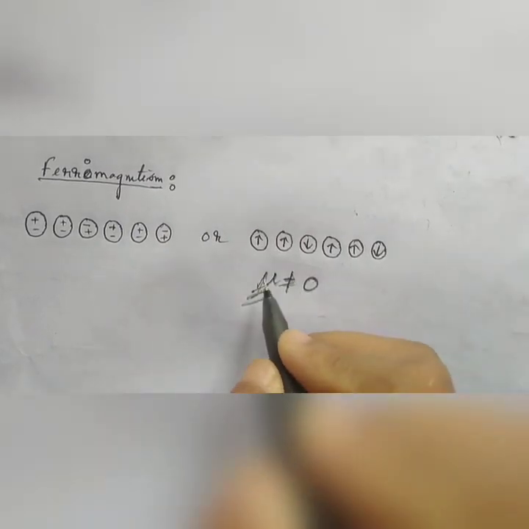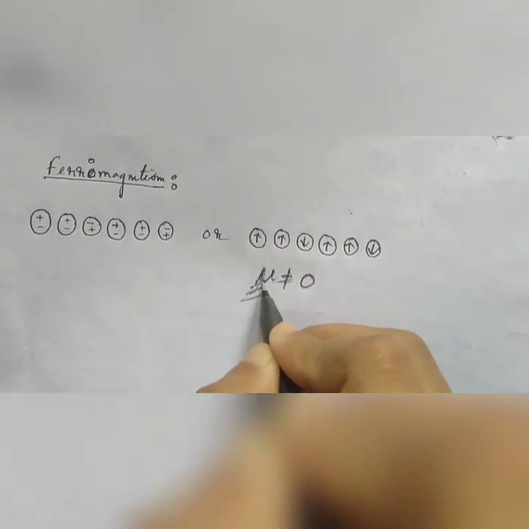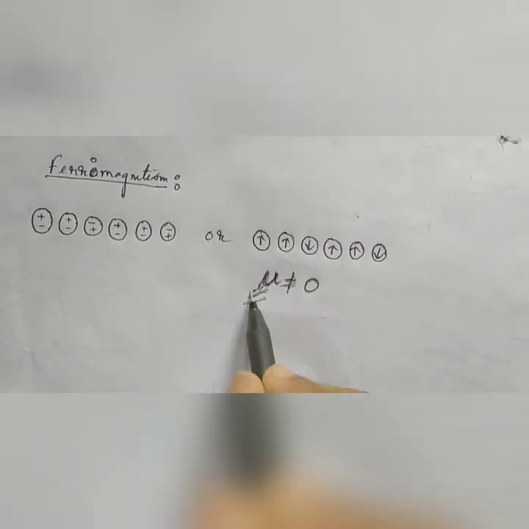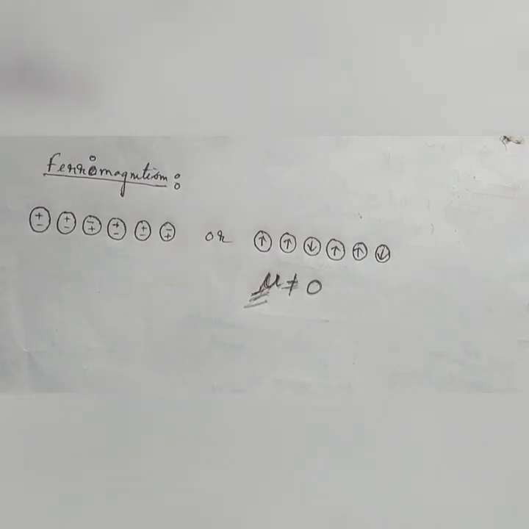Okay, so in a ferrimagnetic substance, this mu, that means the magnetic moment, is not equal to 0. You will see some amount of magnetic moment in a ferrimagnetic substance. Okay, but this magnetic moment in ferrimagnetic substances is lower than that of ferromagnetic substances. Okay, and they are weakly attracted by a magnetic field as compared to ferromagnetic substances.